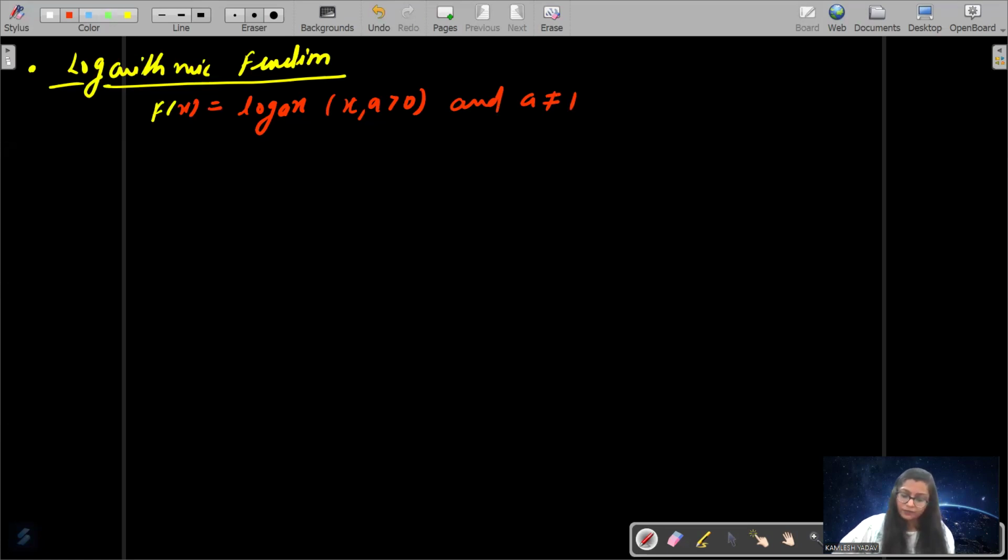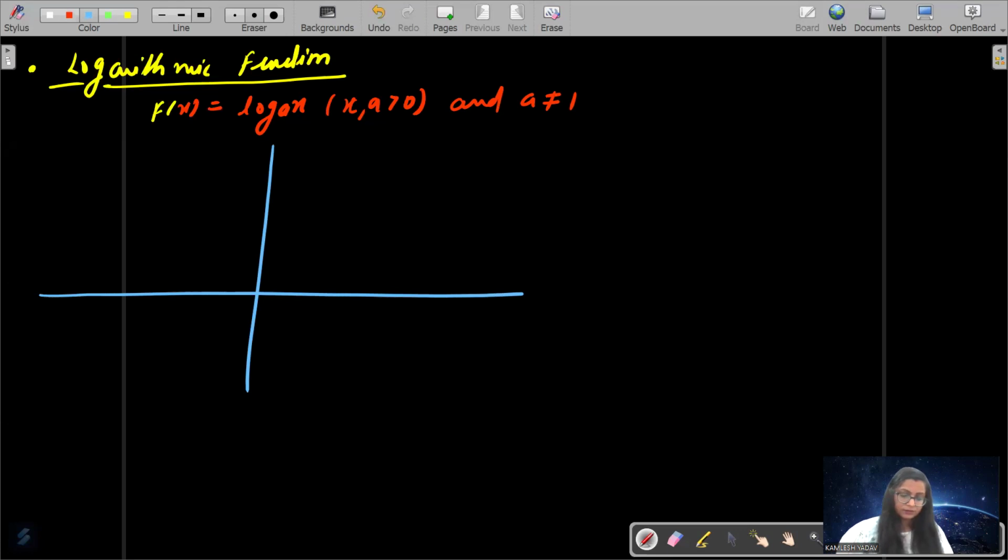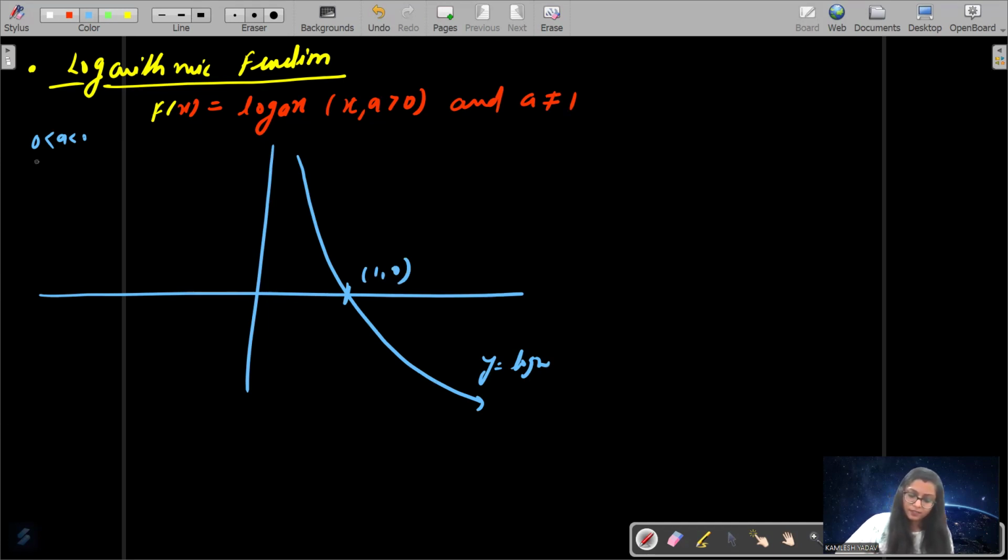When we draw the graph of the logarithm function, for case 1, when 0 is less than a less than 1, the graph is like this. This is the graph of y equal to log x, and this point is (1, 0) for the condition 0 less than a less than 1.